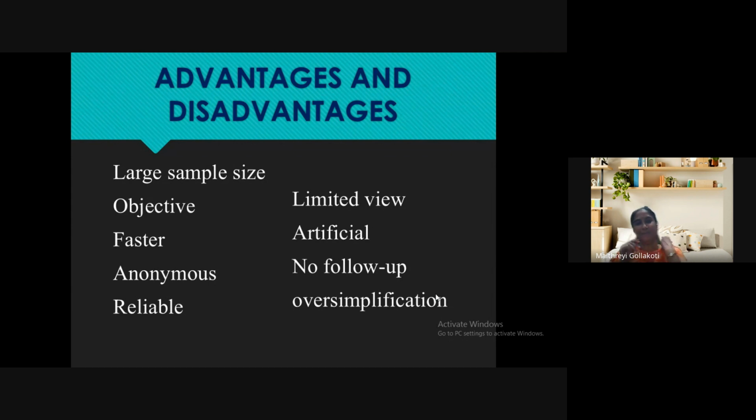And oversimplification. Trying to understand things with only yes or no is very oversimplified, isn't it? Because there are so many things between yes and no. When you like something, yes, but when you don't like something, no has so many reasons. So without understanding all the reasons, just saying no is not enough.